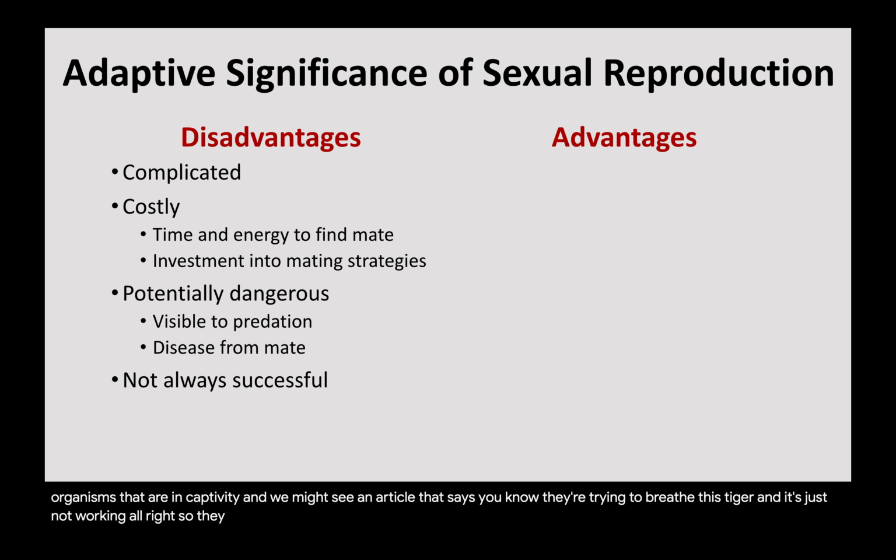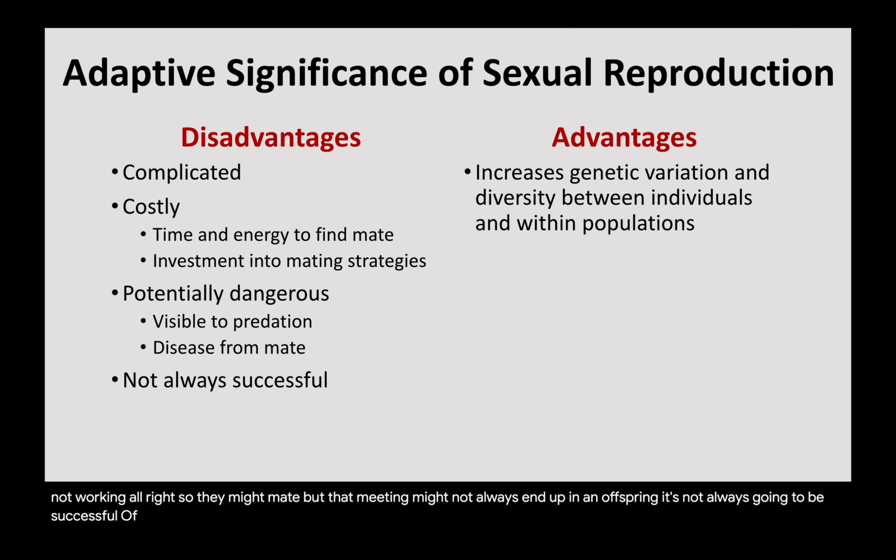They might mate, but that mating might not always end up in an offspring. It's not always going to be successful. But there is one very huge advantage here, and that is that we are increasing our genetic variation and diversity between individuals and within populations of individuals.